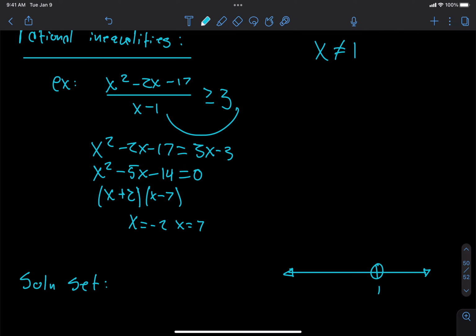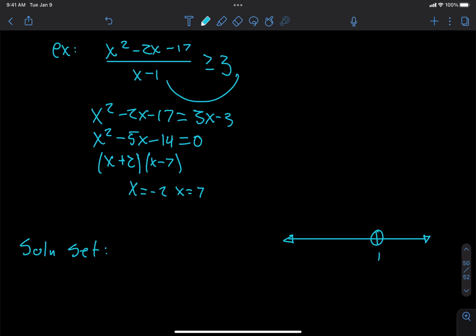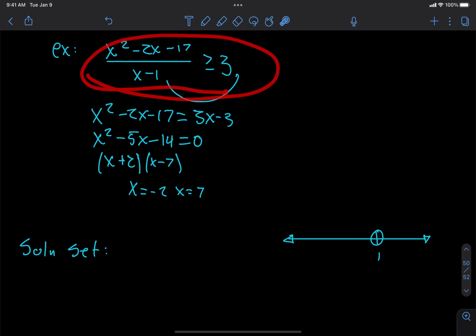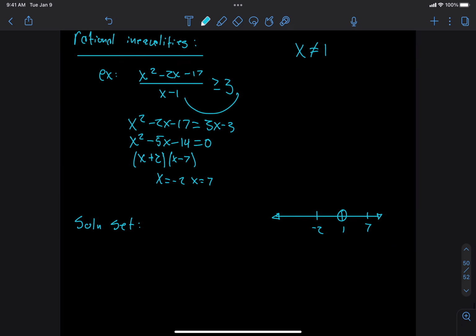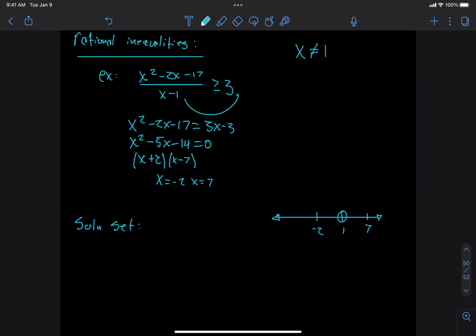Okay, so these are the places where this expression is going to be equal to 3. So we put on our number line negative 2 and 7. The only thing that we need to do now is pick a test point from each subinterval.